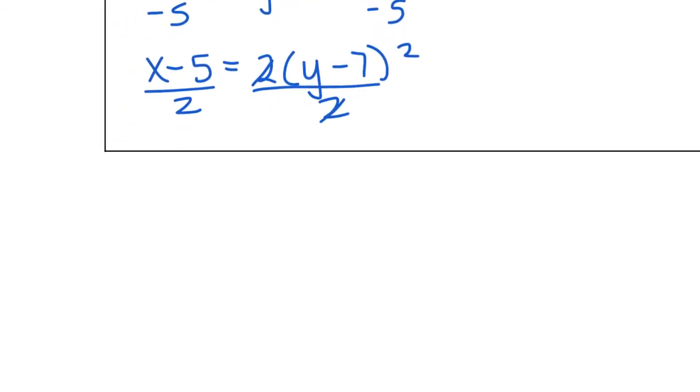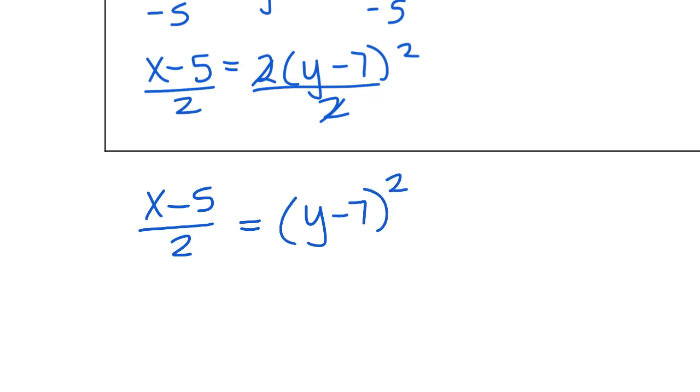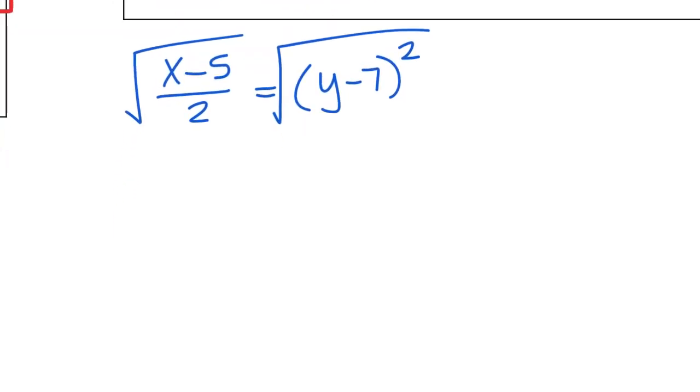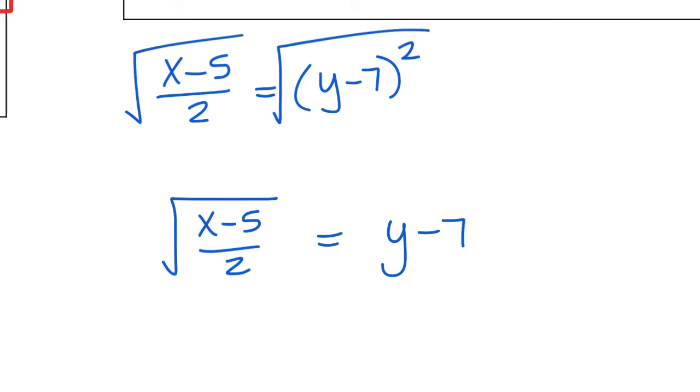So now I have x minus 5 over 2 equals y minus 7 squared. Now I need to get rid of that squared, and the opposite of squared is square root. So we need to do that to both sides. That leaves us with the square root of x minus 5 over 2 equals y minus 7.